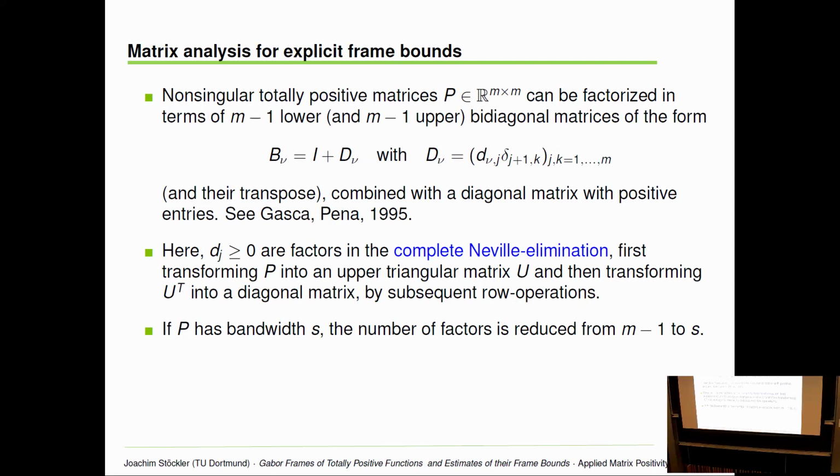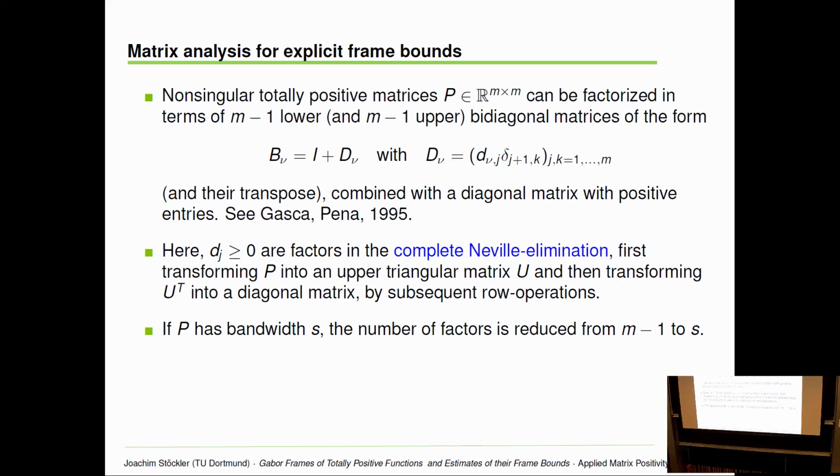It gets entries in the lower diagonal. It's one diagonal. It's a lower triangular matrix. And you can write down every totally positive matrix as a product of M-1 such matrices times a diagonal matrix times M-1 transposes of those matrices with different parameters here.